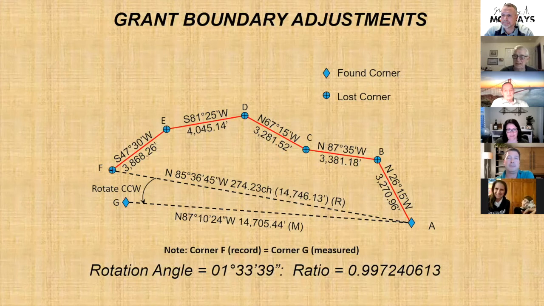Jim, even in a situation where you've got about 41 feet or so difference between the record and the actual between two monuments, if the monument out there just happens to be a rebar below the surface, another indispensable tool, because you can miss it so easily, is just having a good metal detector with you. Oh, yeah.